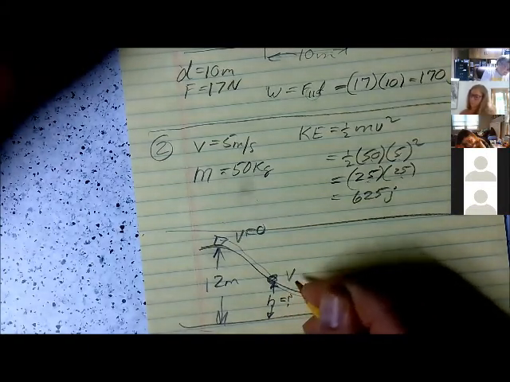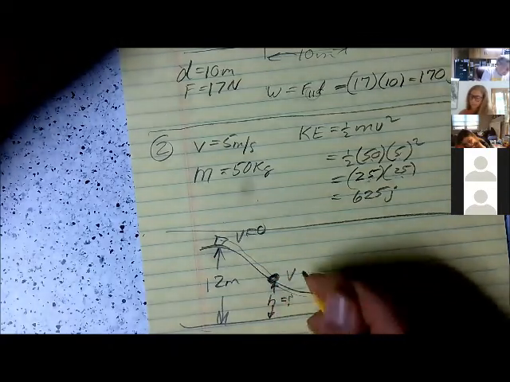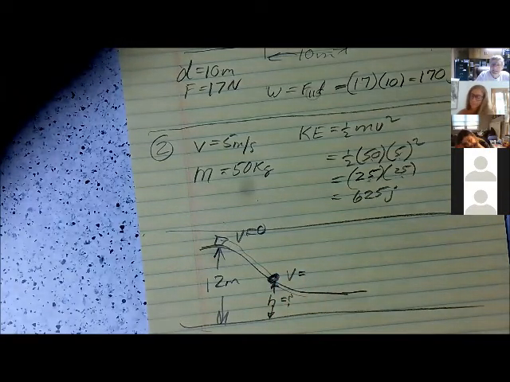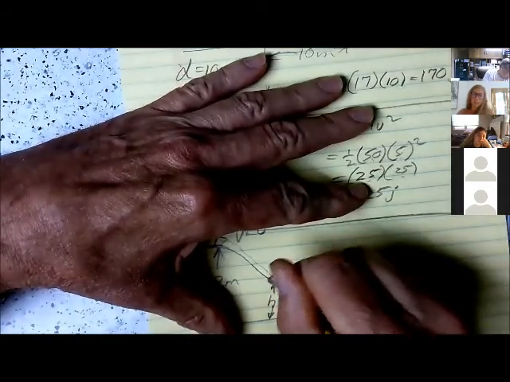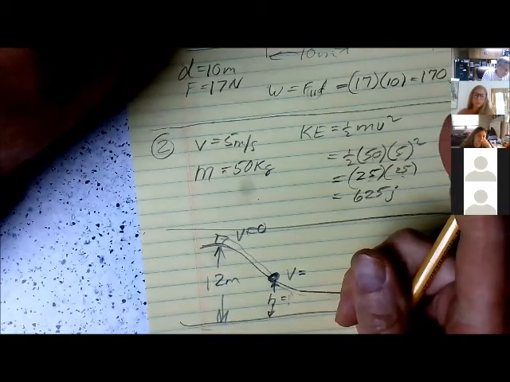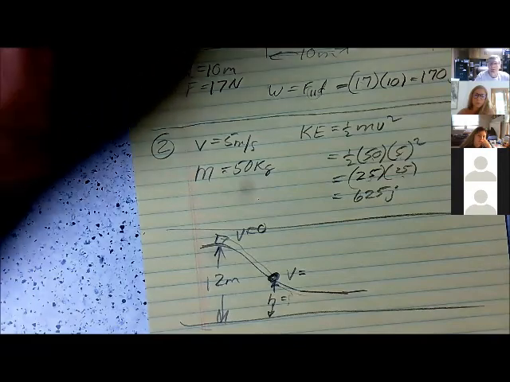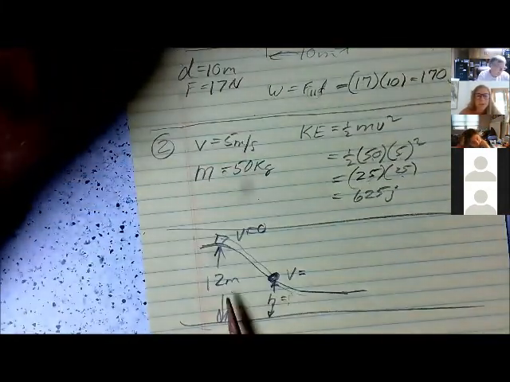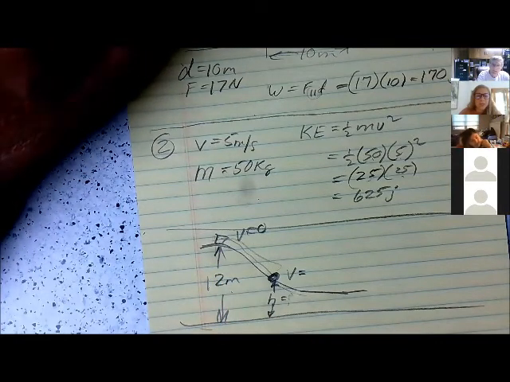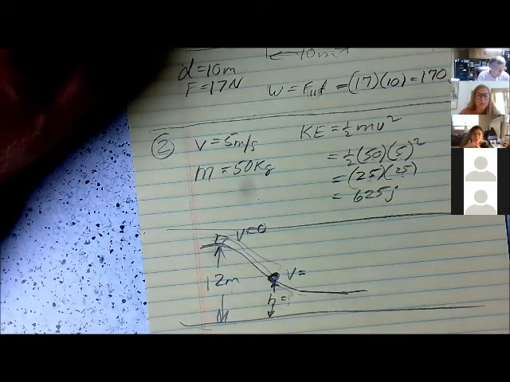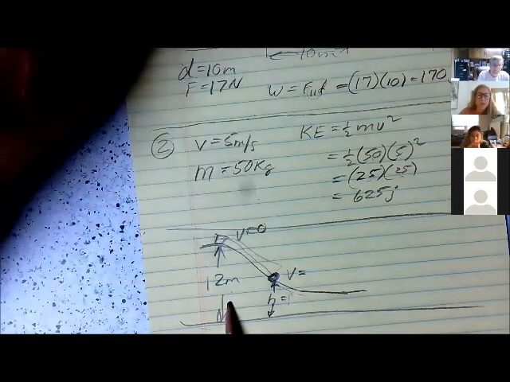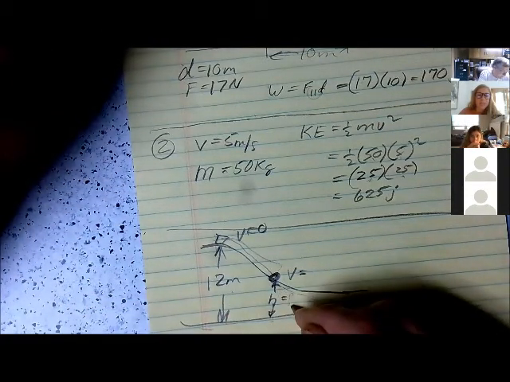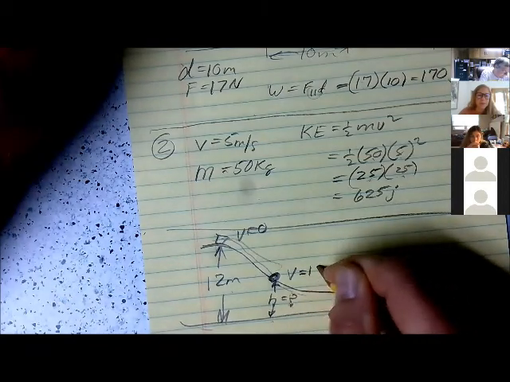But the speed at that point is... Read the question again, please. A block slides down a frictionless hill from a height of 12 meters. Determine the height of the block when its speed is 10 meters per second.